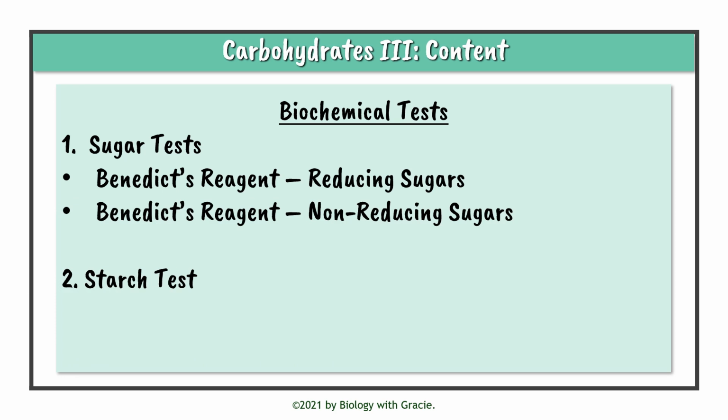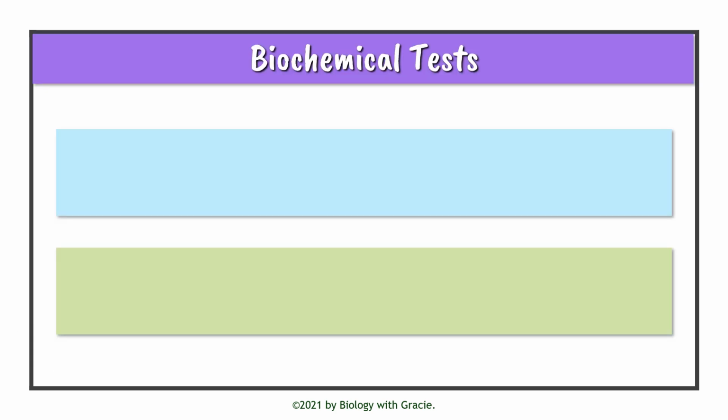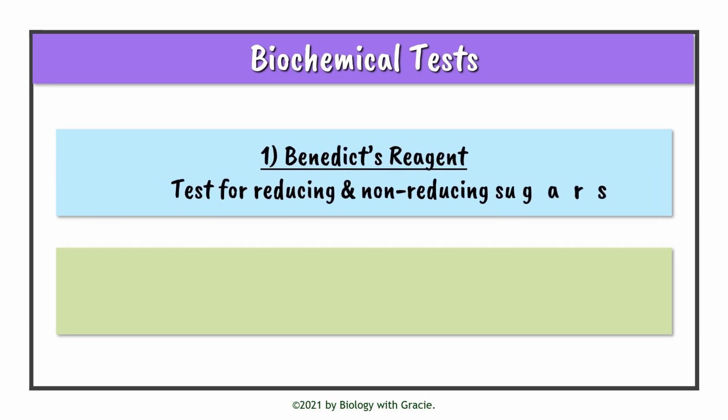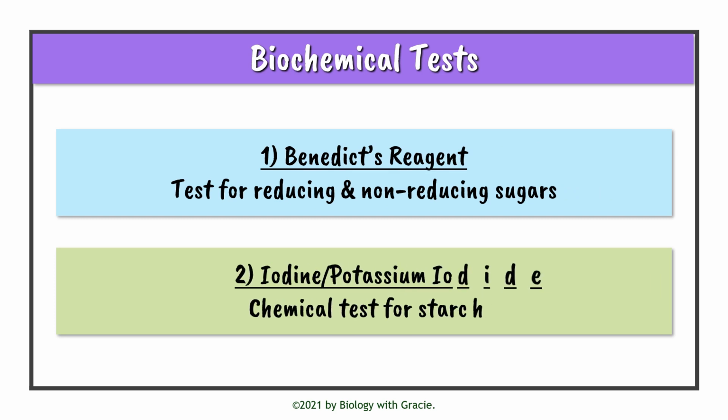We're then going to go on to talk about the Starch test, and we're going to be talking about the iodine potassium iodide. So there are two main types of biochemical tests. We've got Benedict's reagent, which tests for reducing and non-reducing sugars, and then we've got the iodine potassium iodide, which is a chemical test for starch.